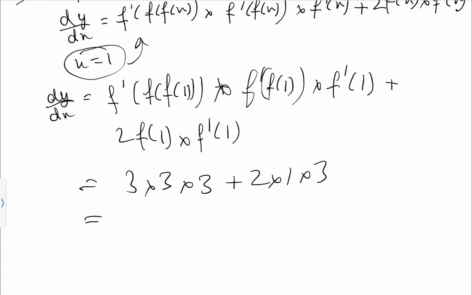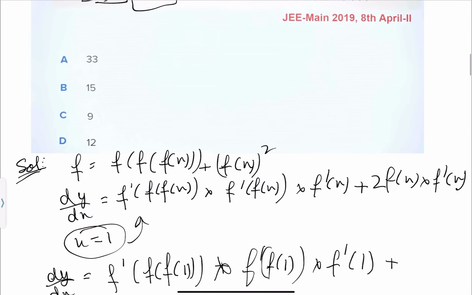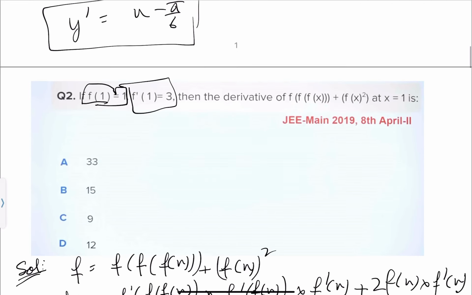So it is 9 plus 6, giving 33 as per the stated working. So our answer will be option A.